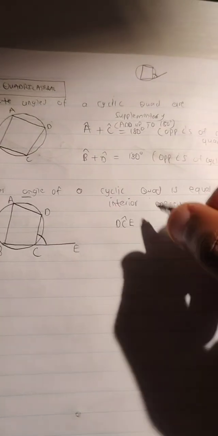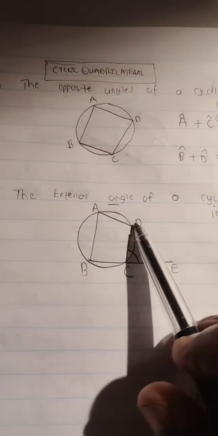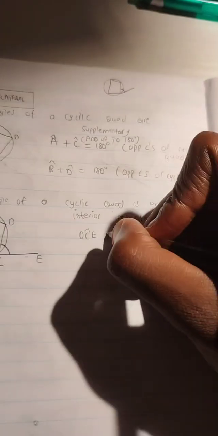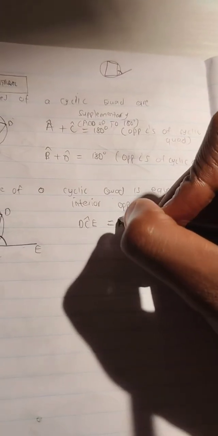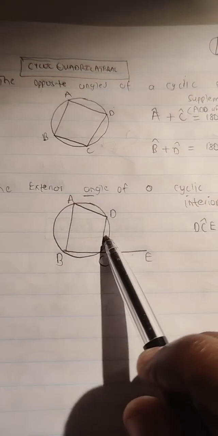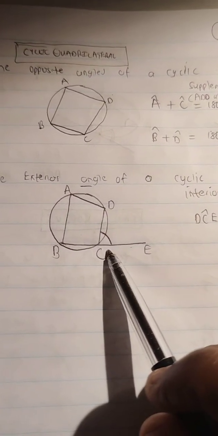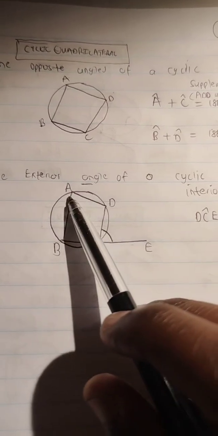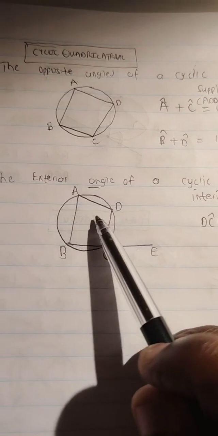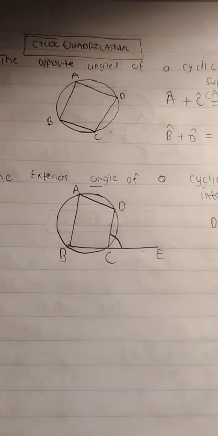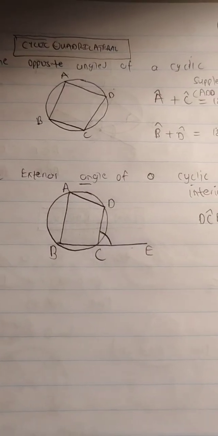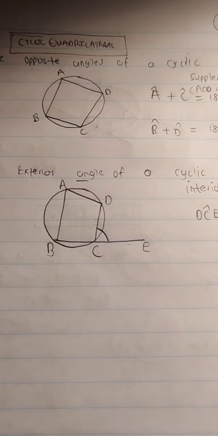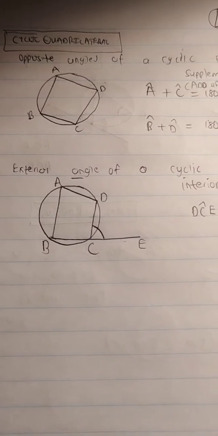So we can then say, as somebody said in the comment section, angle DCE is equal to angle A, because this angle is the exterior angle, and therefore this angle A is the interior opposite angle. Okay, I hope it makes sense, guys.